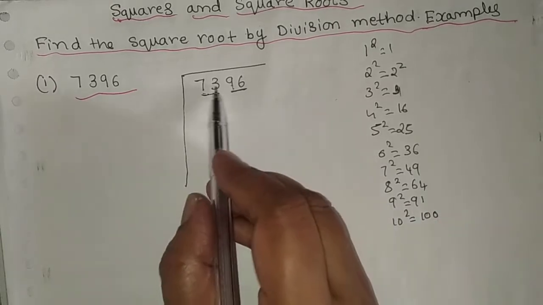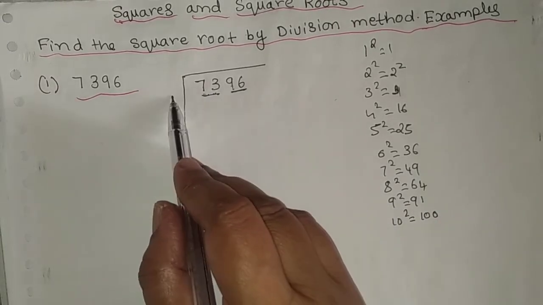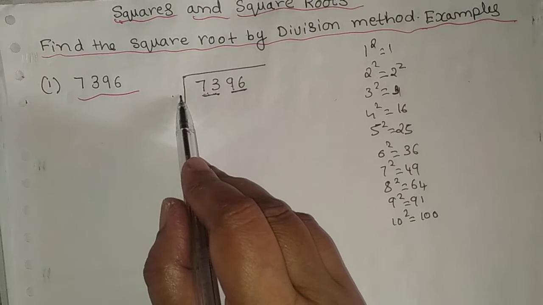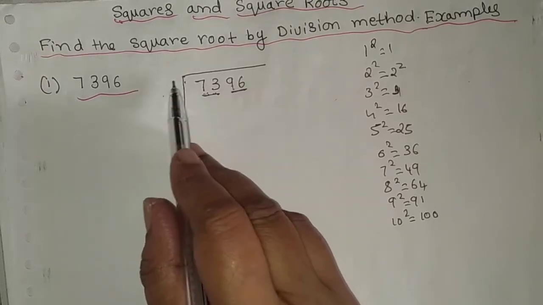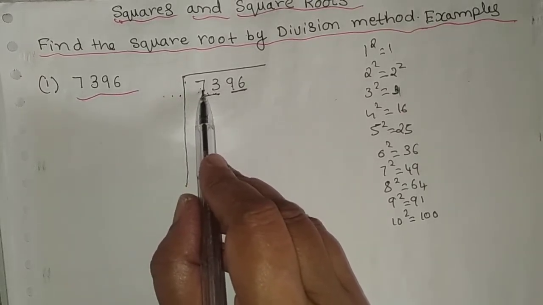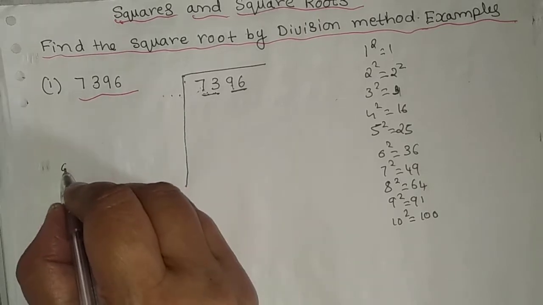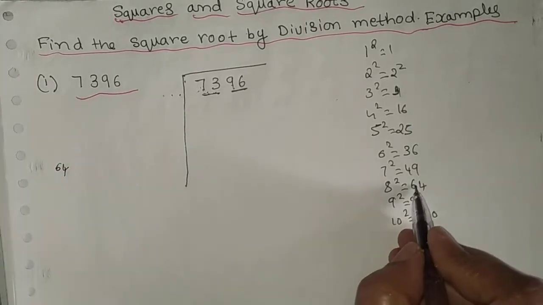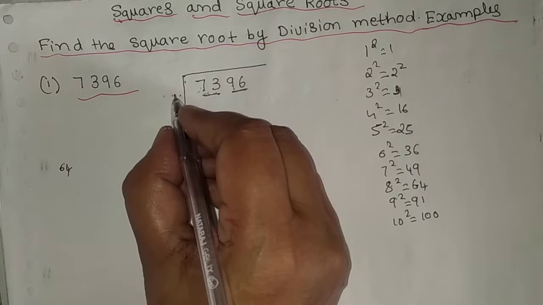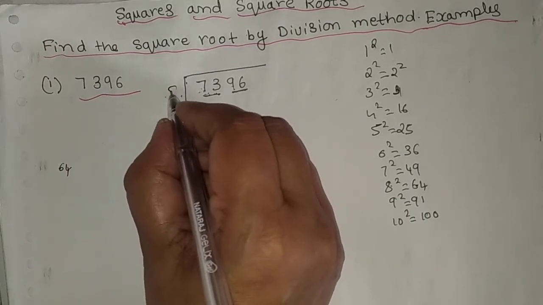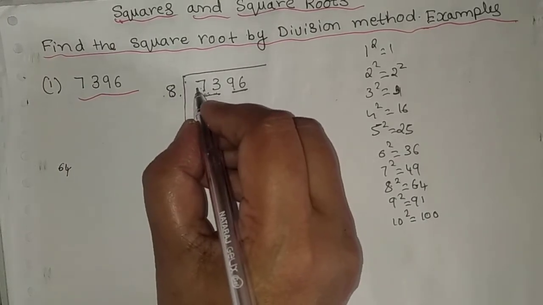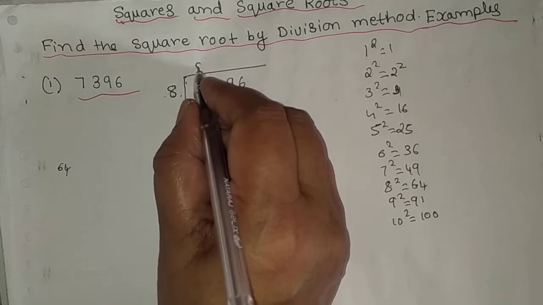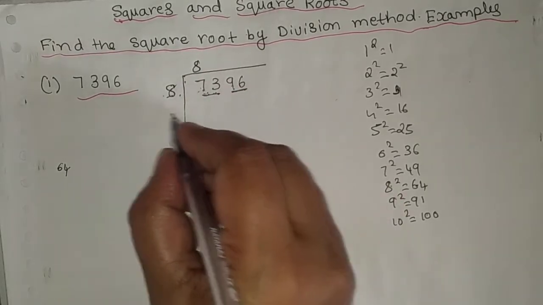So here we should take the nearest number which is the square of a number. The nearest number to 73 will be 64, since 8 square is 64. So first we take 8, and 8 eights are 64.